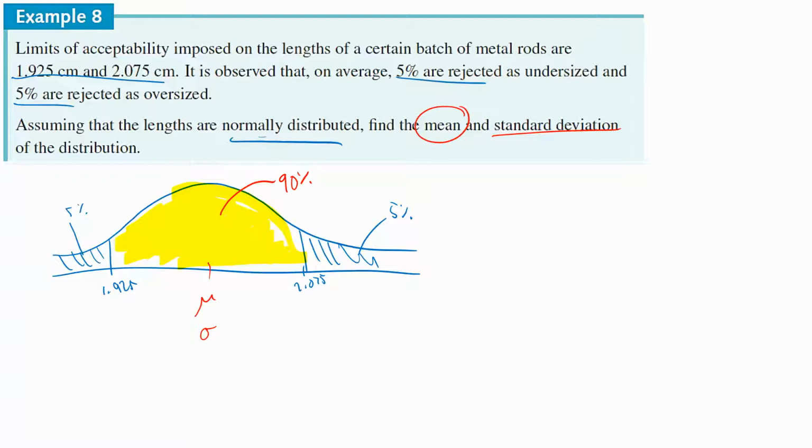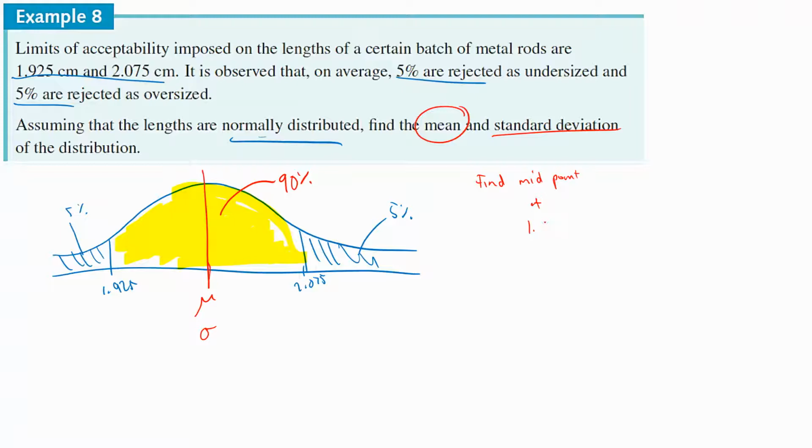So the midpoint between 1.925 and 2.075 is going to be 50% exactly, or the mean. So if we find the midpoint between 1.925 and 2.075, we get 2, which is the mean.